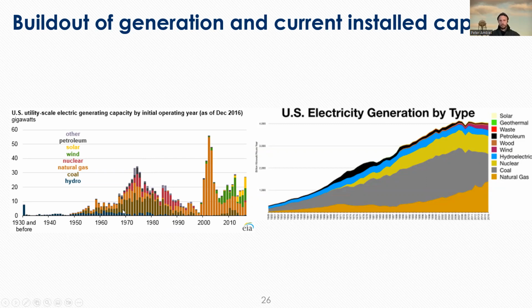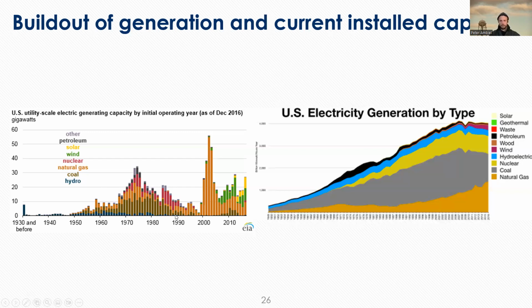And that involved a lot of big coal power plants, as you can see in the brown, as well as nuclear power plants getting installed in the 70s through the late 1980s, early 1990s.